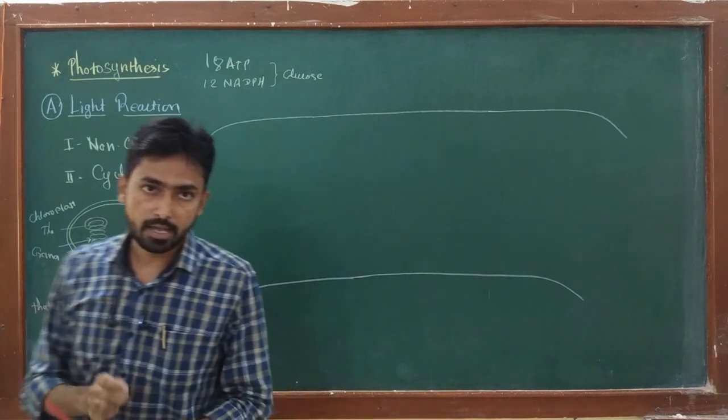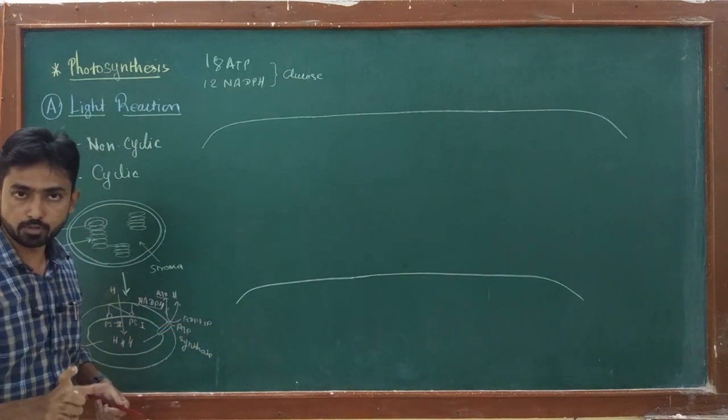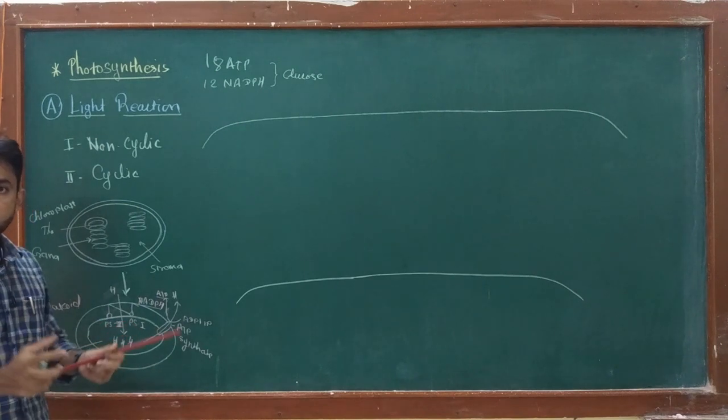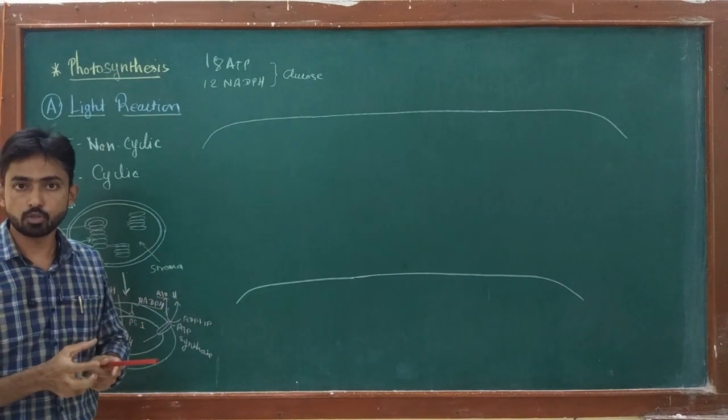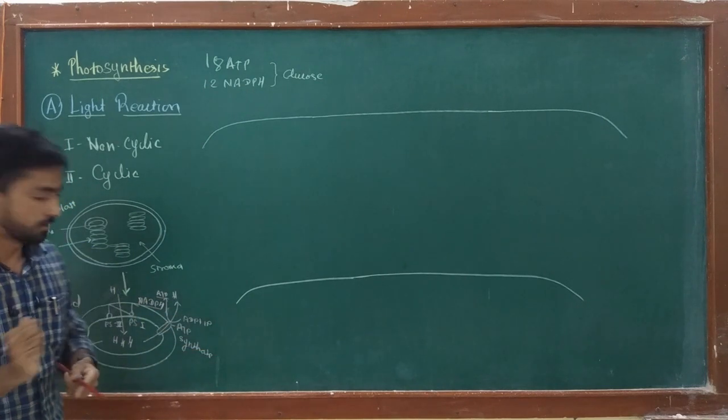As I said earlier, the light reaction has two different types of photosystem, photosystem 2 and photosystem 1. These systems are nothing but complexes of pigments, both accessory pigment and essential pigment, that means carotenoid and chlorophyll respectively.